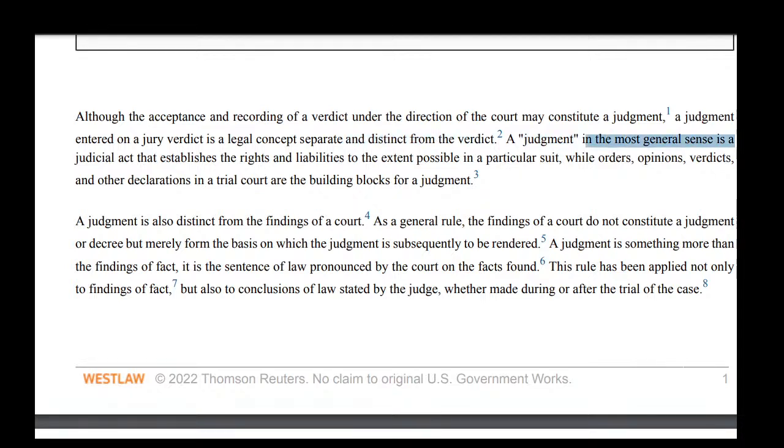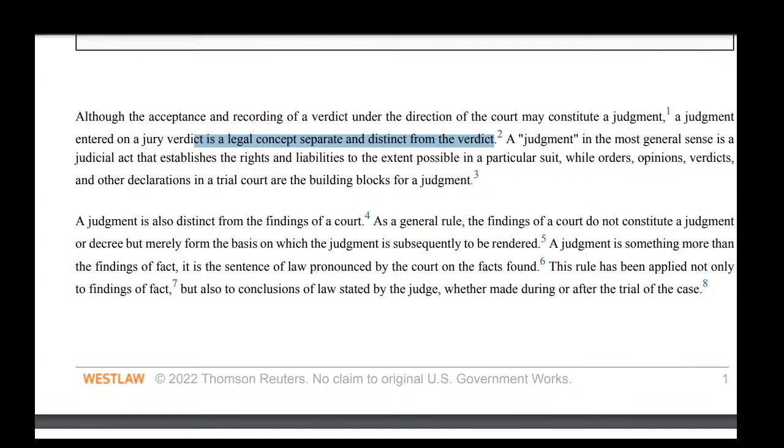A judgment in the most general sense is a judicial act that establishes the rights and liabilities to the extent possible in a particular suit, while orders, opinions, verdicts, and other declarations in trial court are the building blocks for judgment. Boy, we keep hammering on this. So it's being applied to the acceptance and recording of a verdict under the direction of a court. May constitute a judgment. It doesn't say shall, but may. A judgment entered on a jury verdict is a legal concept separate and distinct from the verdict.